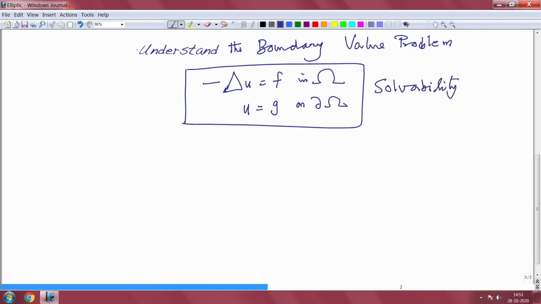So, studying the Laplacian problem instead of a general theory, there are twofold reasons. There are many, but two important reasons why we are studying the Laplacian first. This Laplacian operator appears in a large number of applications.